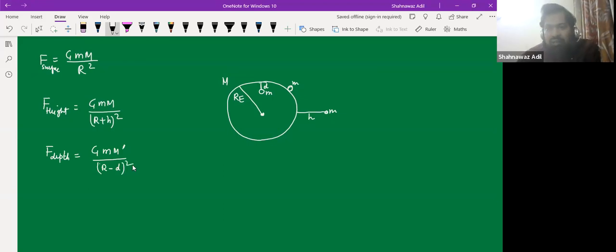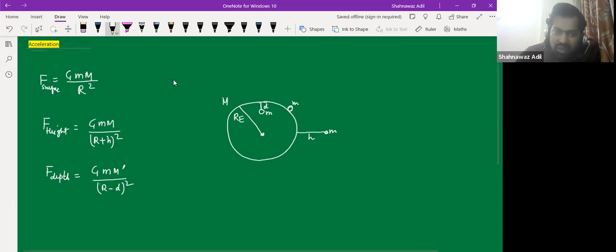These are the forces applying on these masses at different positions.